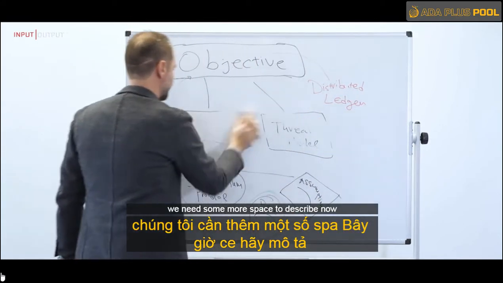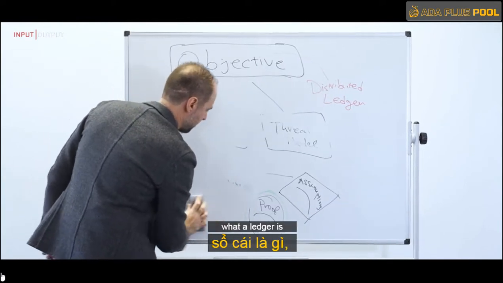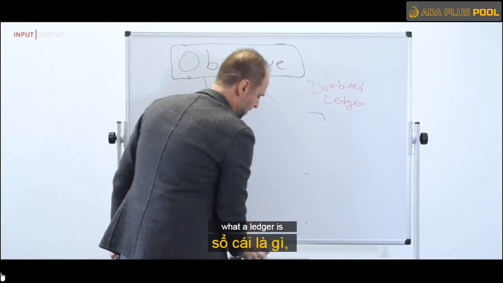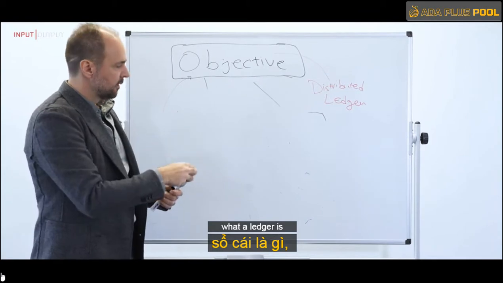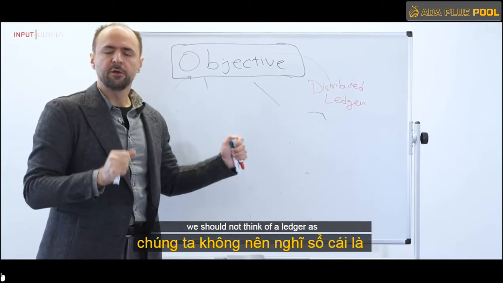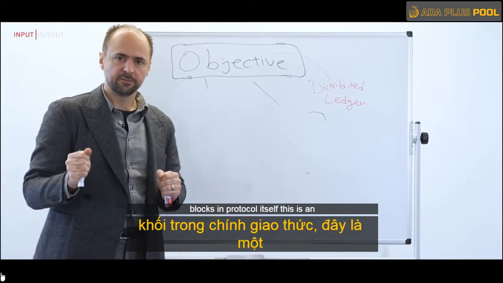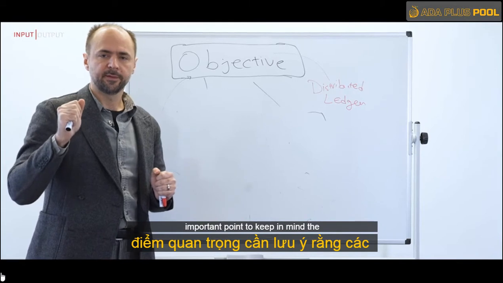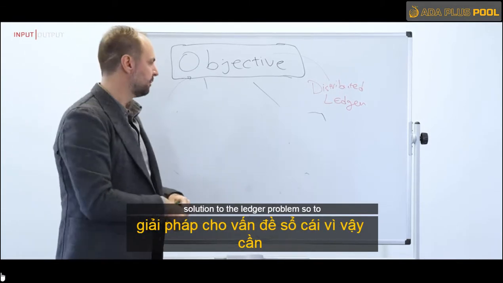We need some more space to describe now what a ledger is. We should not think of a ledger as something tied necessarily to the blockchain protocol itself. This is an important point to keep in mind. The blockchain protocol will come as a solution to the ledger problem.